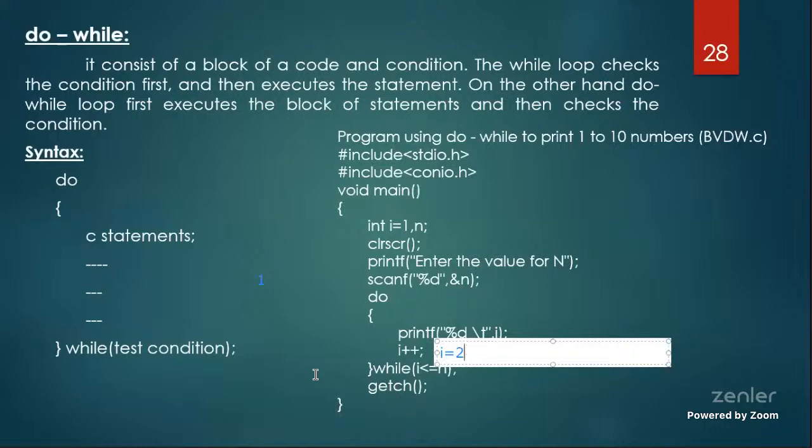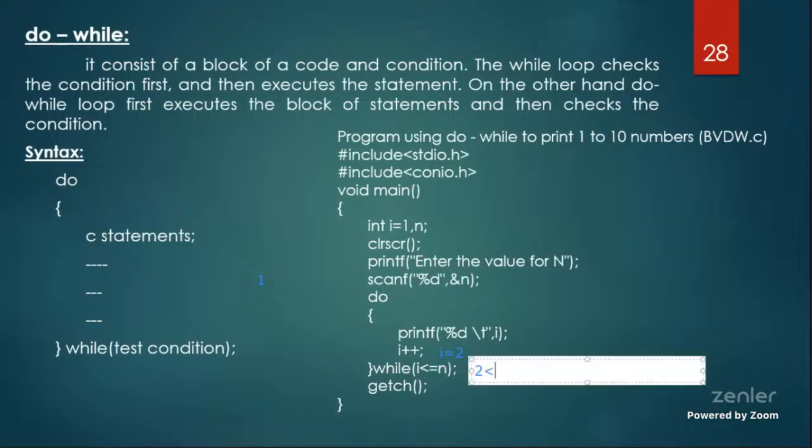When the I value is 2, with this value you will be checking this loop. Now, while I less than or equal to n, what is the I value? That is 2, lesser than or equal to 10.